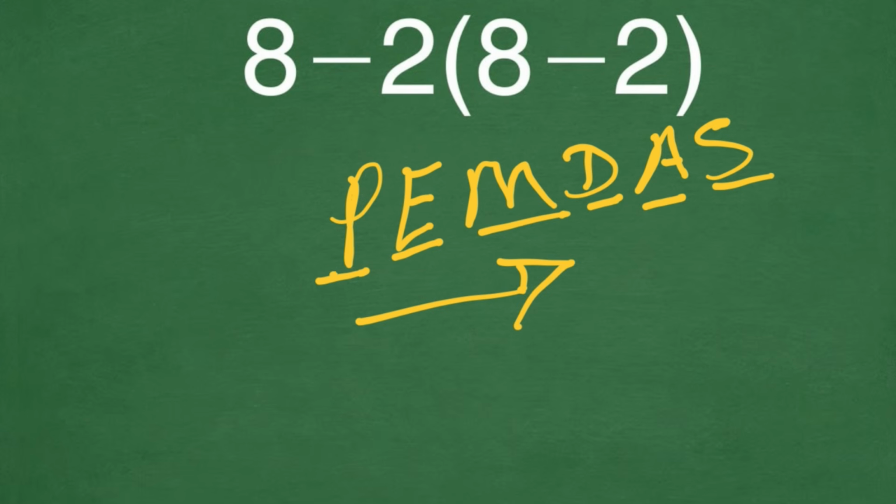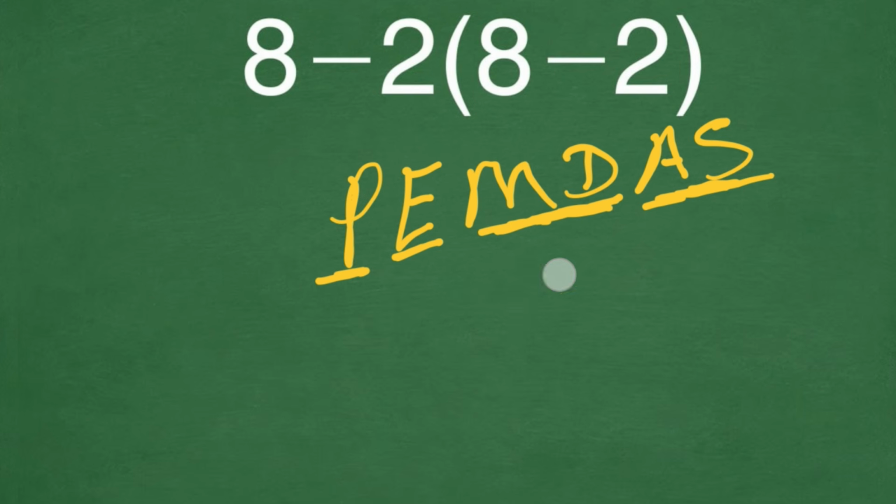So parentheses is the first priority, exponent is the second priority. The thing you need to notice here is that multiplication and division have the same priority, so keep that in your mind. And as well as addition and subtraction have the same priority. So that is the idea, and this is how people remember the order of operations.